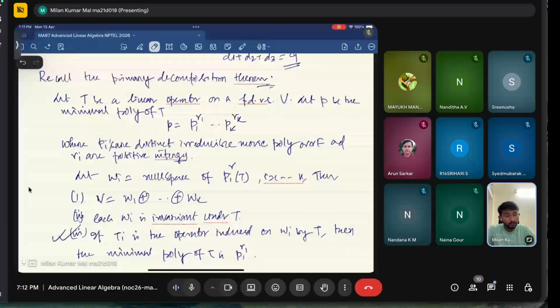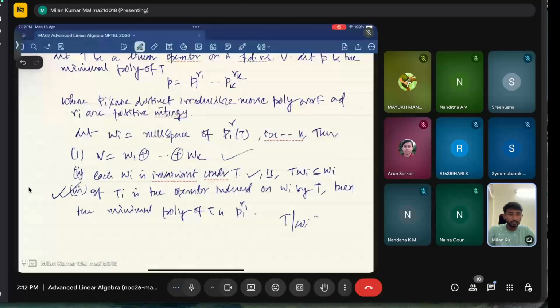Now the minimal polynomial for this new linear operator is actually Pi to the power Ri. This is a very important theorem, the primary decomposition theorem, because this is where the Jordan canonical form is based. It is one of the main building blocks for the Jordan canonical form for a linear operator T or a finite square matrix A. So now, let's go back to the problem.